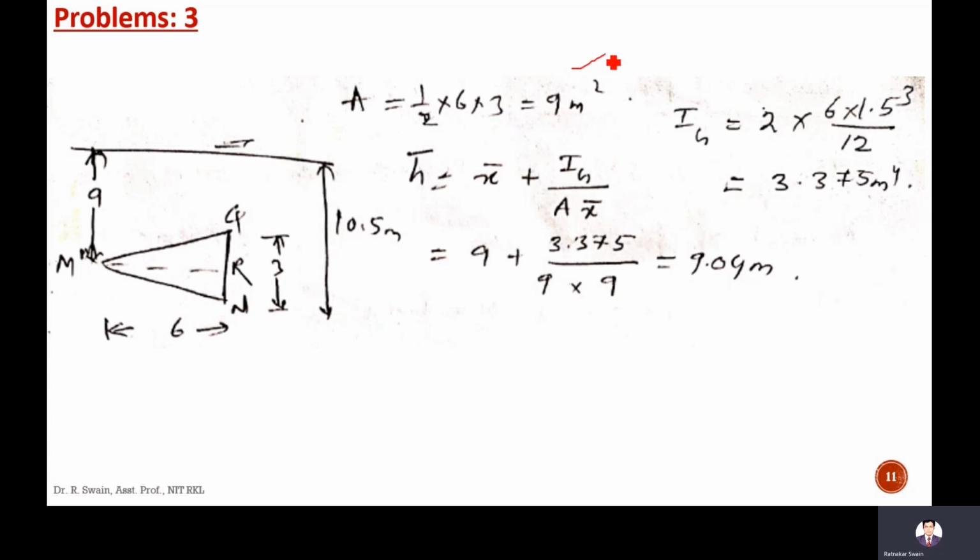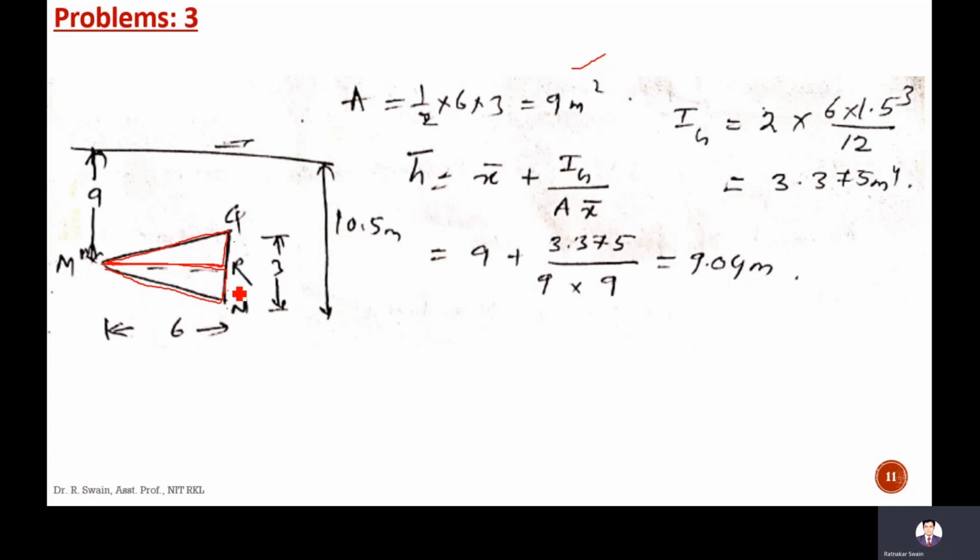meter square. Now the moment of inertia, if you take about the CG, it's lying in this orientation. So this is the CG, and this is the base of this triangle, and this is the base of this triangle. So there are two equal isosceles triangles. The total is 3, height 6, so this side is 1.5 and this side is 1.5.